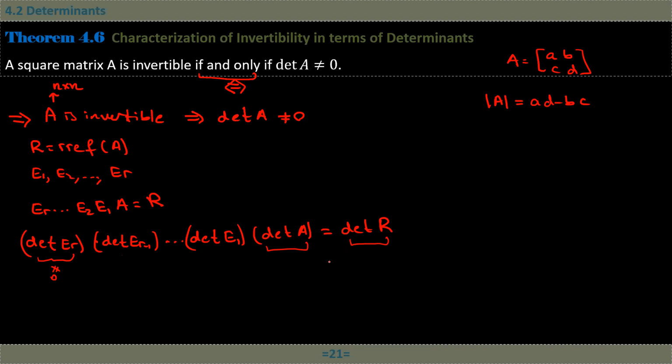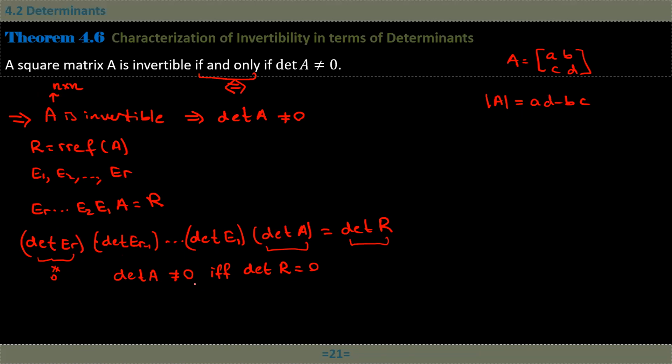So now we conclude that determinant of A is not equal to 0 if and only if determinant of R is not equal to 0. What does it mean? If this thing equals 0, that must be equal to 0. If it's not equal to 0, then it's not equal to 0. Why? Because here we have a non-zero number.